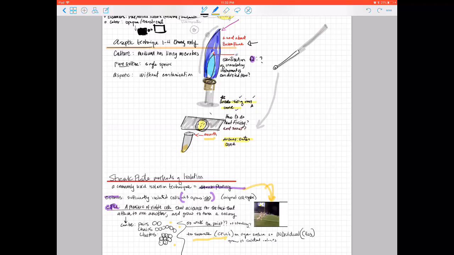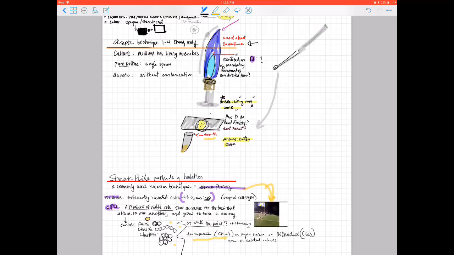So again, it's a measure of viable cells that accounts for the fact that these cells can attach to each other and they grow to form a colony. They can even exist single. I don't know if I put that, but they can exist all by themselves. Boom. That's a single cell. That's a single coccus. And this looks like a diplococcus right here.